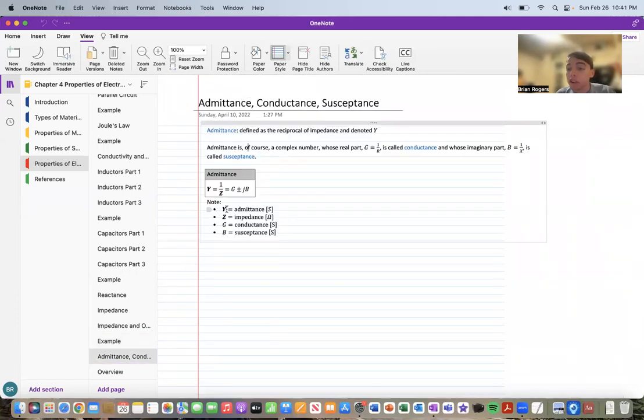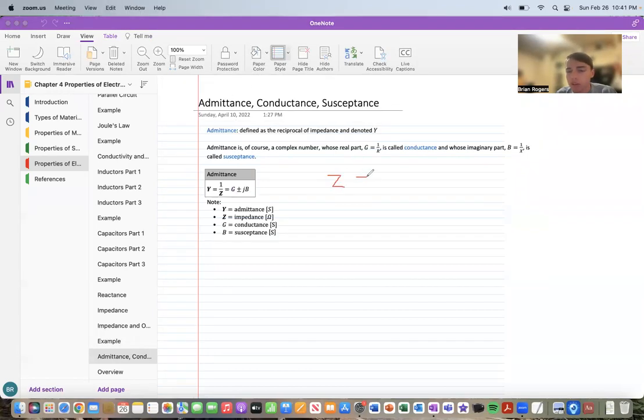So the last term is admittance, which refers to the reciprocal of impedance and is denoted with a Y. And so admittance is a complex number because it's the reciprocal of the impedance, which is also a complex number. And what we're going to see is it has a real part. Remember how we talked about impedance: it was equal to the resistance plus or minus j times the reactance.